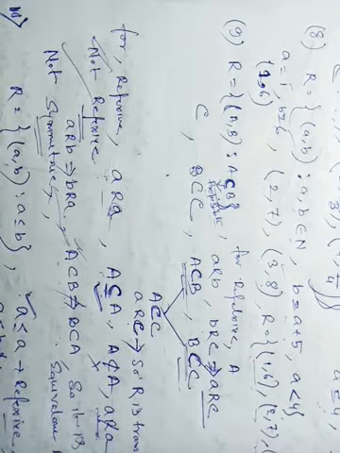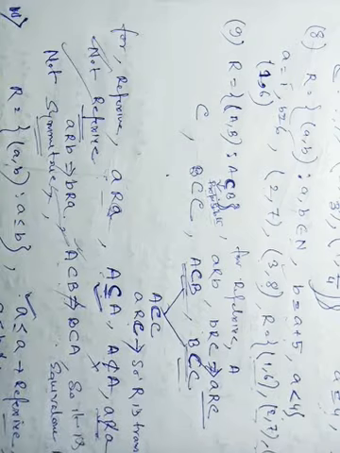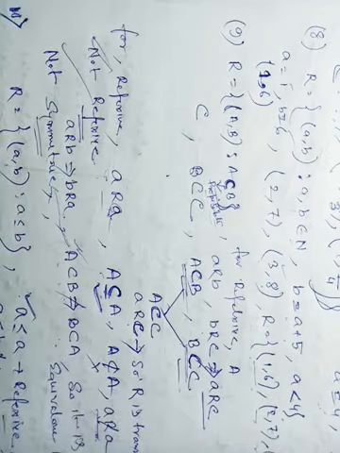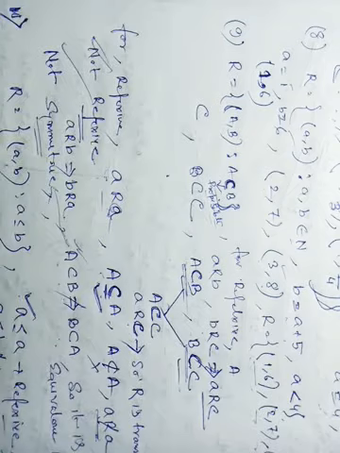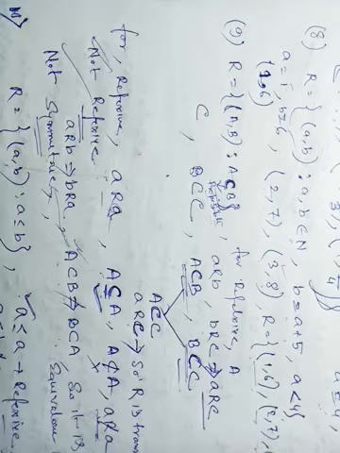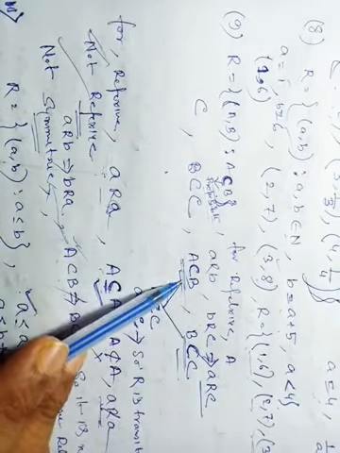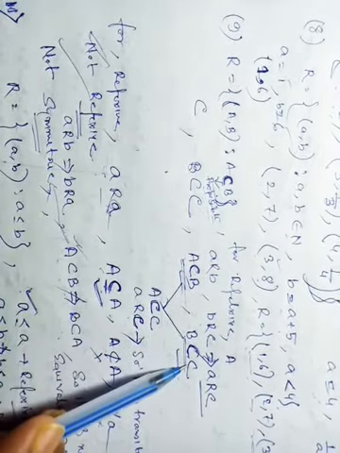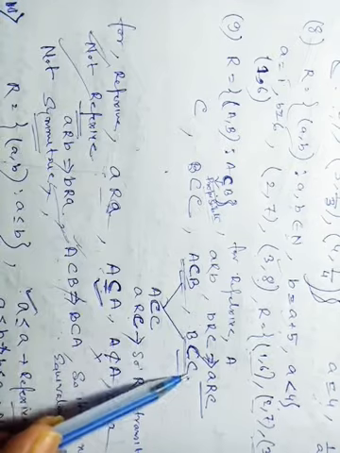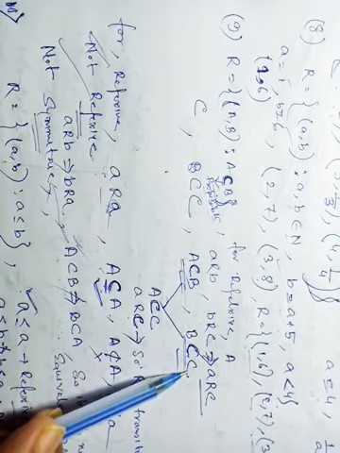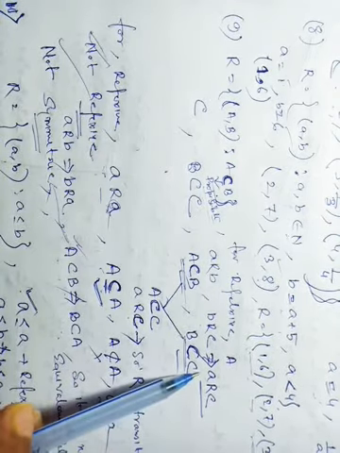Next, for the transitivity test, if we take A is a subset of B and B is a subset of C, where C is another set, that means we have to find a relation.